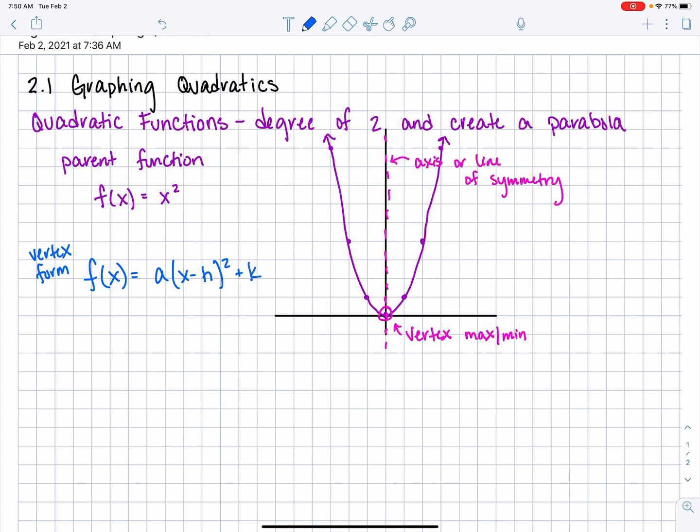And this is called vertex form because your vertex starts at this point. So we're going to say vertex is at the point h, k. And that's because h is your horizontal shift, as we found out earlier. And k is your vertical shift.